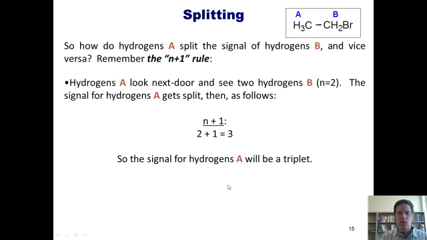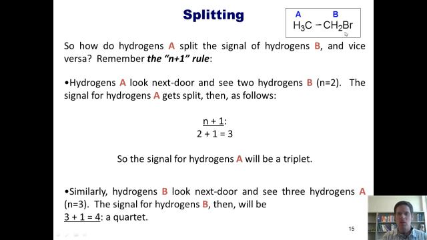So the signal for hydrogens A will be a triplet. Similarly, hydrogens B look next door and see 3 hydrogens A. The signal for hydrogens B then will be 3 plus 1, which is a quartet. You're welcome to repeat this slide if you want until you get this down.